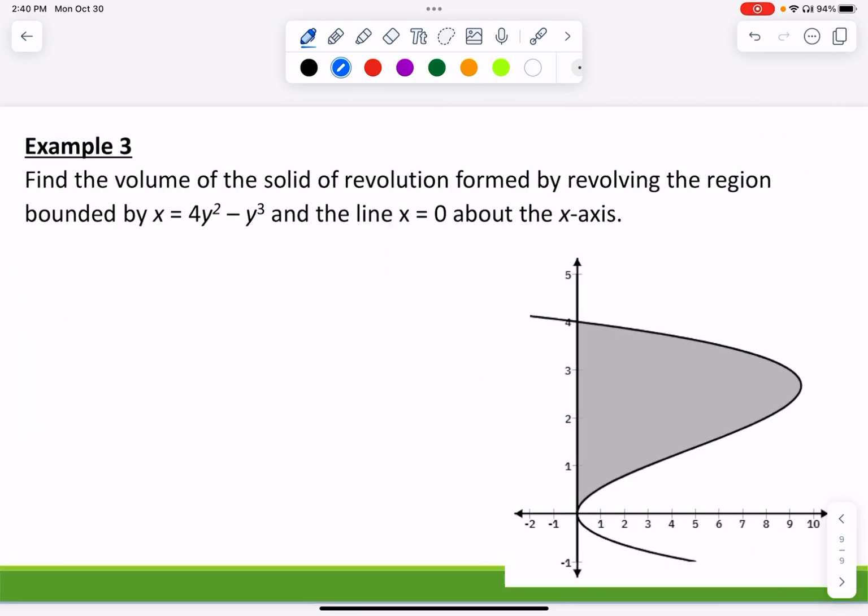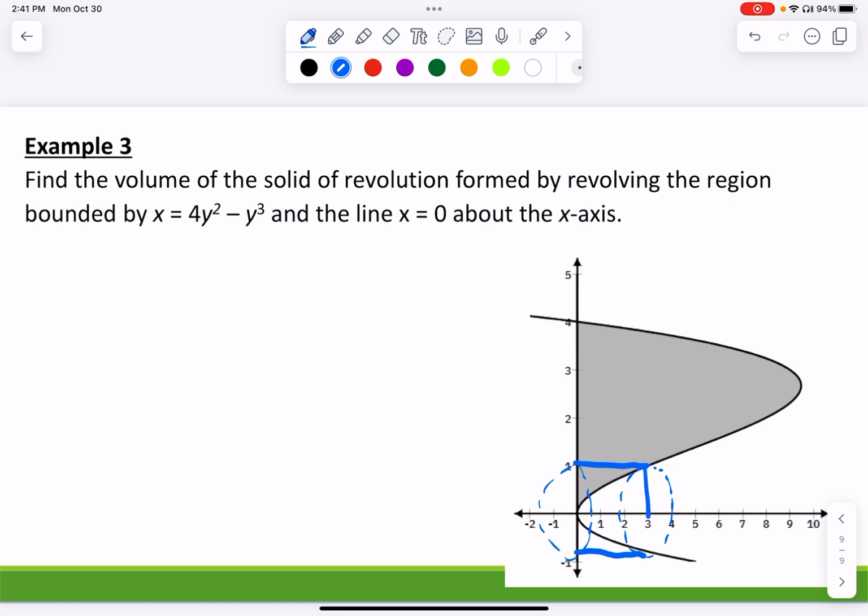Okay, last example. Find the volume when it's bounded about the x-axis. So I have here now this radius. I'll draw one that's a little bit closer. That's again going to be a cylinder that revolves around, and that's my radius.